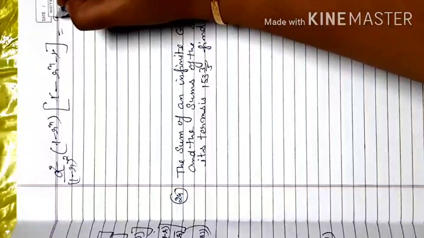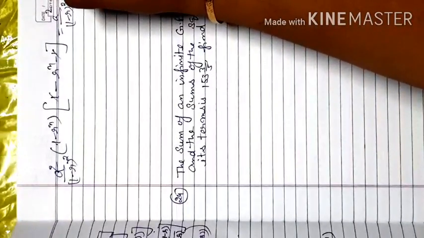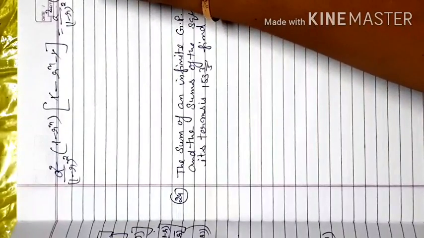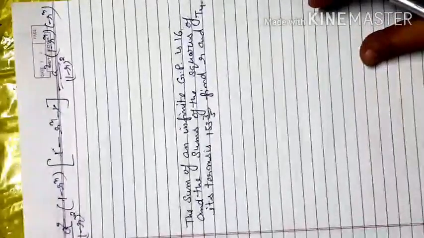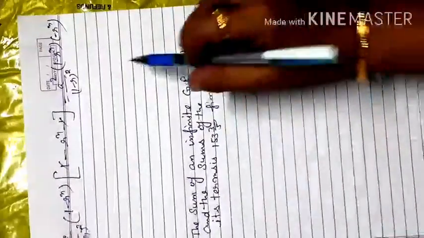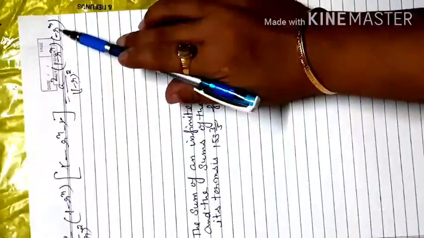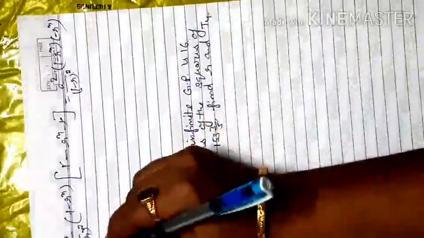So what is left is a square upon (1 minus r) whole square, times (1 minus r^n), then minus r^n. So this will be your required answer of the left hand side.